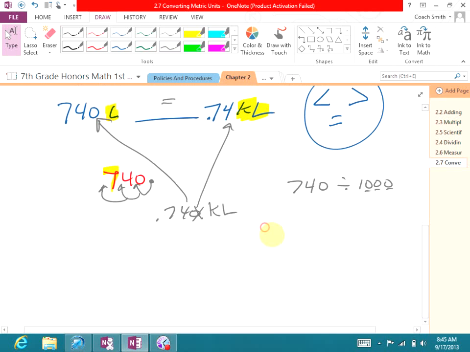Okay? Let's see, what if we had this, a little tougher one here, 93.2. I just lost it. There it is right there. Okay, 93.2 millimeters is equal to blank kilometers.